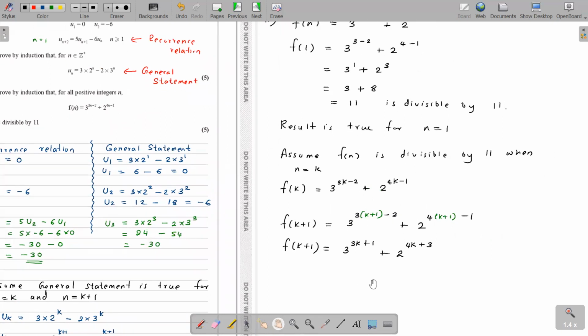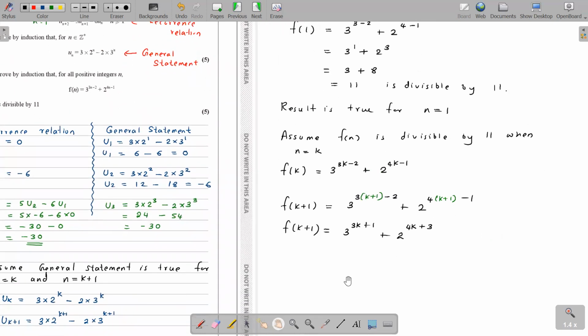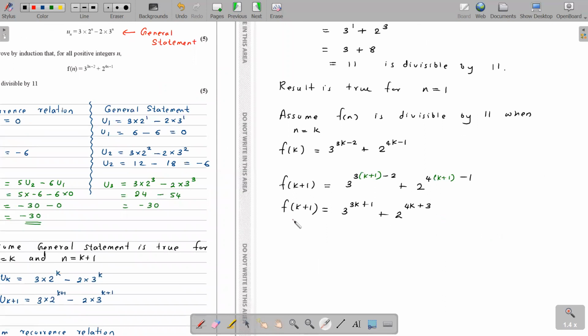What we'll do now is, the traditional thing we do is go for fk plus 1 minus fk, because we need the help of our fk as well. So fk plus 1 is 3 to the power 3k plus 1 plus 2 to the power 4k plus 3.